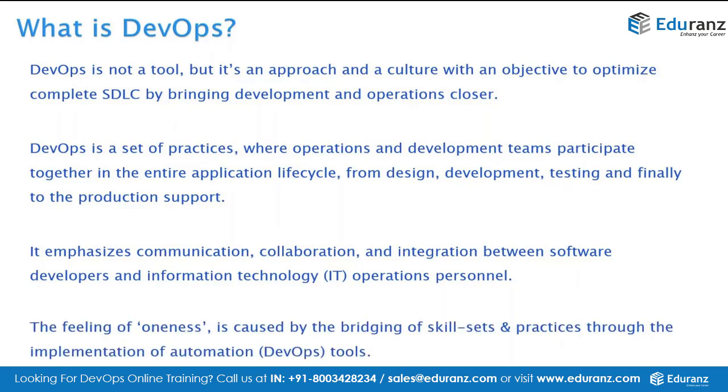If you want all of these people working as a single unit, if you want that feeling of oneness, you need a person who can bridge the skill set and practices through implementation of DevOps tools, which are nothing but automation tools. So I need a person who can understand these two things and help me implement these automation tools.